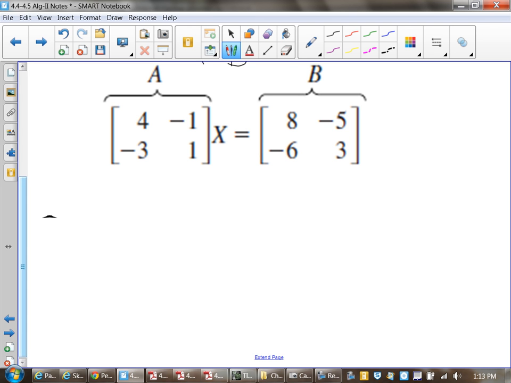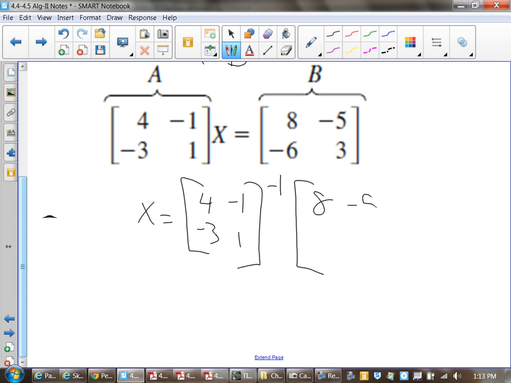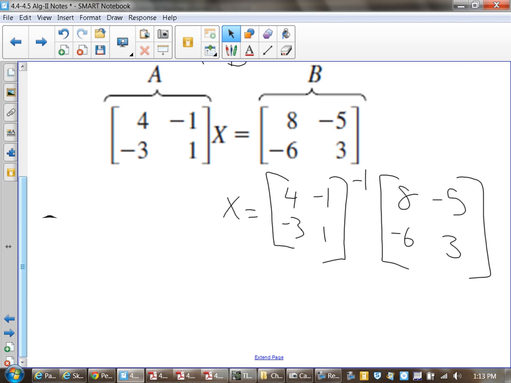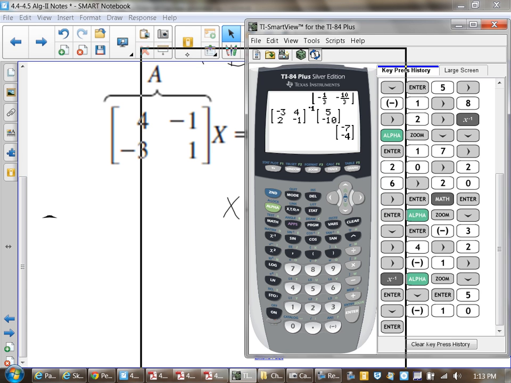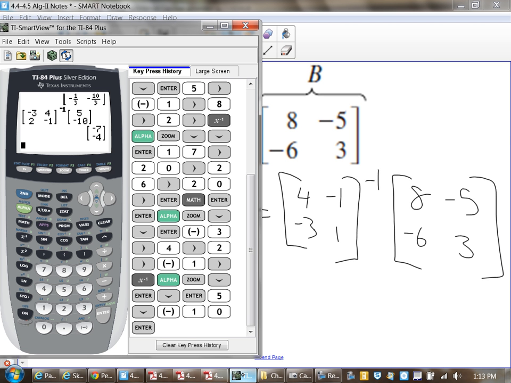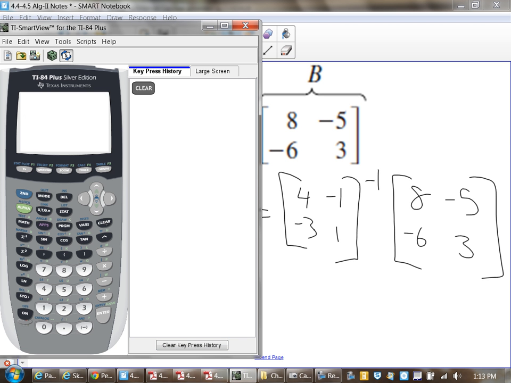So here's what happens. In your calculator, you've got this fancy button, the alpha zoom, and the inverse, or x to the negative 1. All you have to do now to solve for this value of x is type this into your calculator. Once again, I go to my alpha zoom.